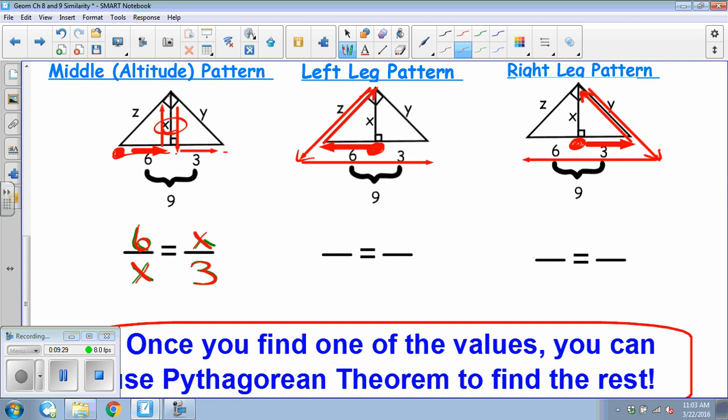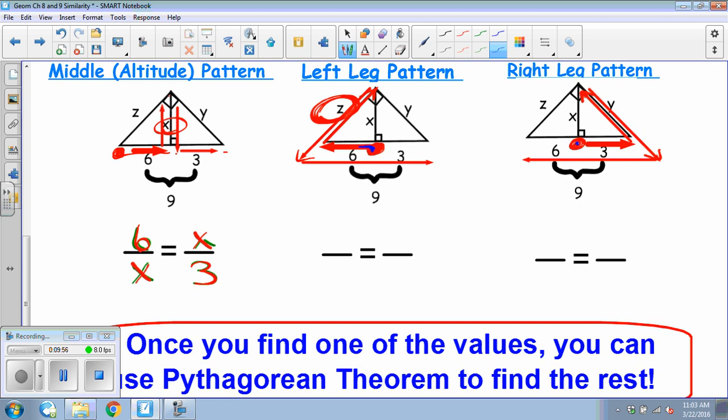Okay? The left leg pattern. We're either trying to find this, or that's one of the values they gave us. You can't use it if you don't know anything about what goes there. Okay? For that pattern, you start in the middle. For the left and the right leg patterns, your starting point is in the middle. Okay?